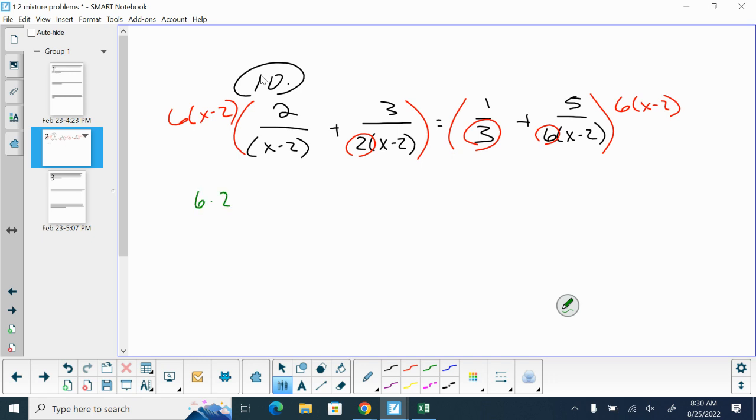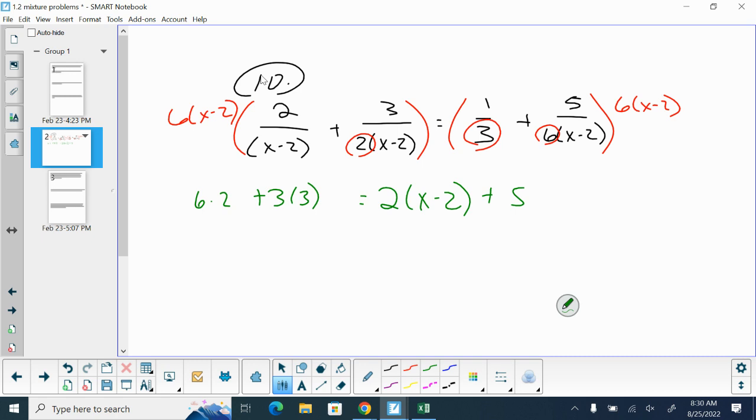The second, the x minus 2's cancel. We have 2 and 6. That will cancel to a 3. So we have plus 3 times 3. Over on the right-hand side, we have the 3 and 6 will cancel to give us 2. And we're still left with an x minus 2. And then the last one, everything cancels.